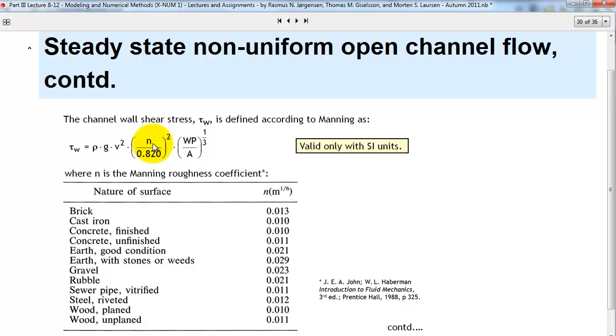I have a hard time with my pronunciation, but the number is stated here. So you can see that cast iron has a lower coefficient than, for example, gravel. That's kind of logical, that there's more resistance for the water when it goes over soil or gravel.